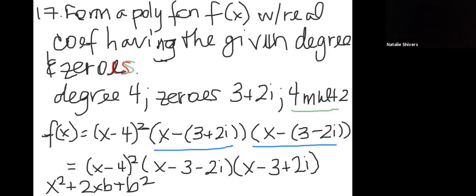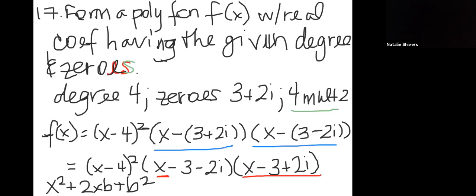Then if I go back to the other whiteboard here, I'm going to take x and multiply it by the whole last parentheses. So I have to distribute it. So I'm going to get x squared minus 3x plus 2ix. That's the first piece.